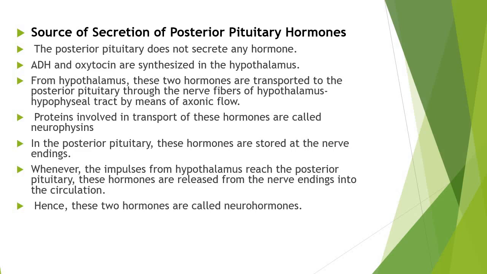Proteins involved in transport of these hormones are called neurophysins. In the posterior pituitary, these hormones are stored at the nerve endings. Whenever the impulse from the hypothalamus reaches the posterior pituitary, these hormones are released from the nerve endings into the circulation. Hence, these two hormones are called neurohormones.